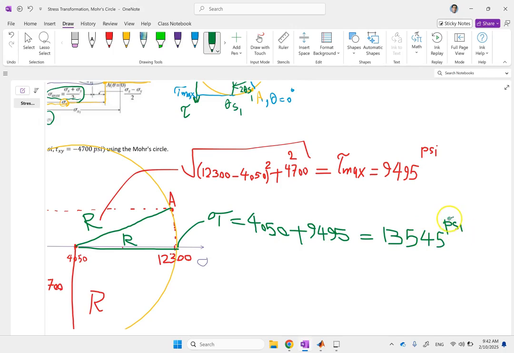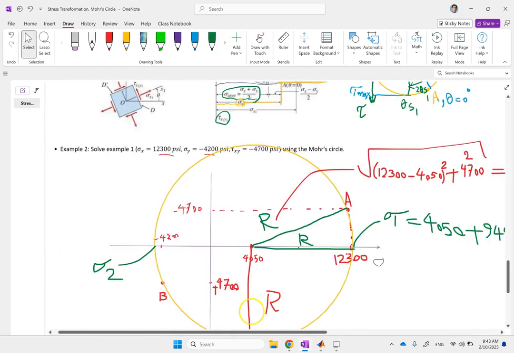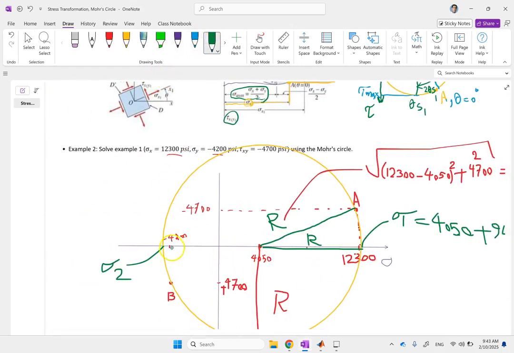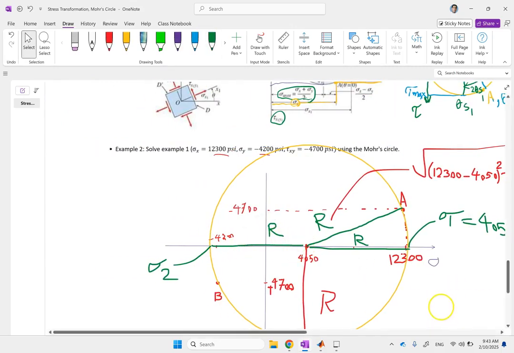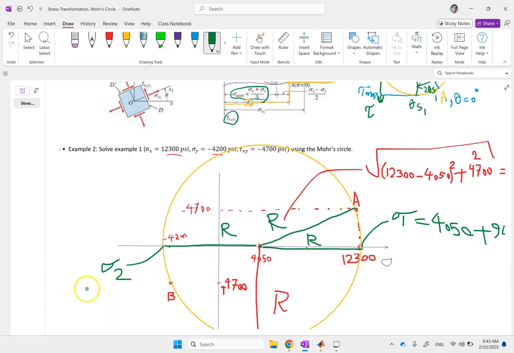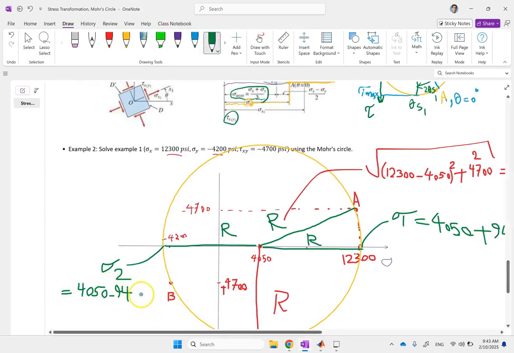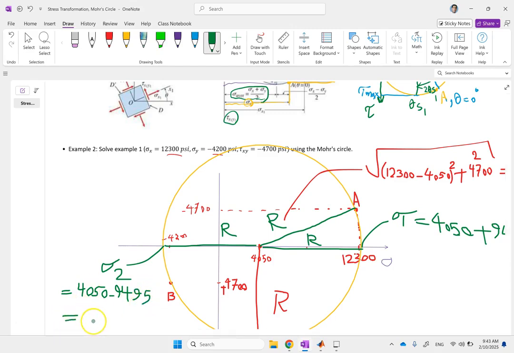And then if you want sigma 2 here, again, remember that this distance is also r. So clearly sigma 2 is going to be equal to that 4,050 minus that 9,000. Correct? And so all I need is 94.95 here. And I should be getting my negative 5,000 number.